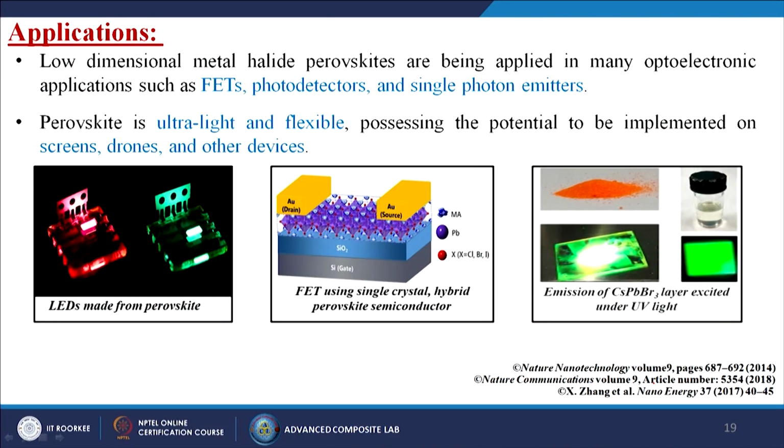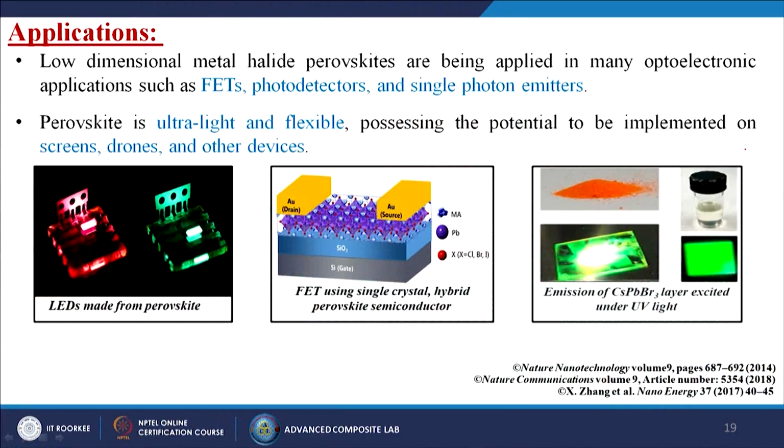So, now what are the applications? Low dimensional metal halide perovskites are being applied in many optoelectronic applications such as FETs, photodetectors and single photon emitters. Perovskite is ultra light and flexible, possessing the potential to be implemented on screens, drones and other devices. So, any kind of shape, you can simply stick that material, so it will be flexible.